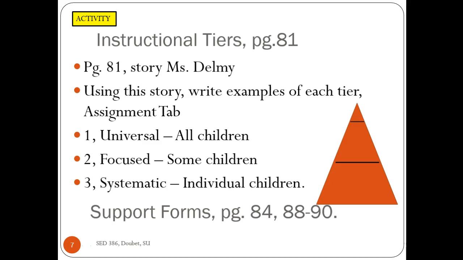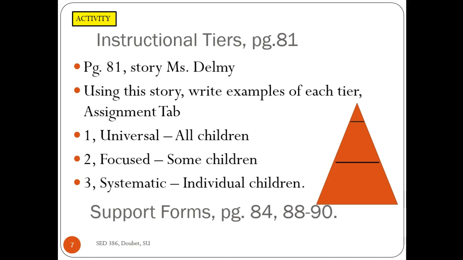The second part, which is actually question 2, so these are kind of in the wrong order, but you'll be fine. And they're both on slide 7. You're going to list each tier, so you're going to put tier 1, universal, and explain what that tier is, and then give an example from the story of what they were doing in their classroom that supports that tier.